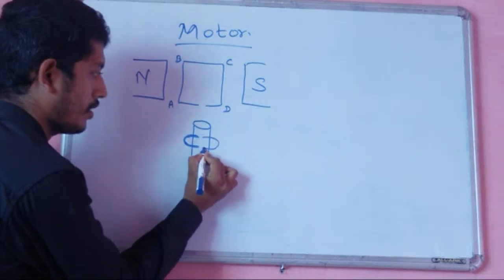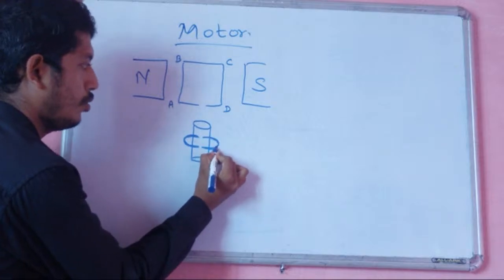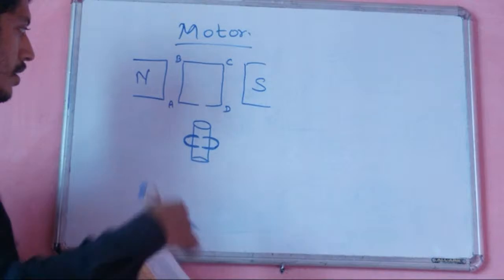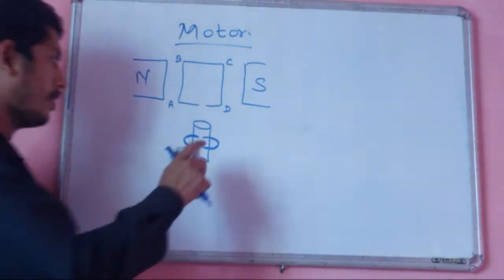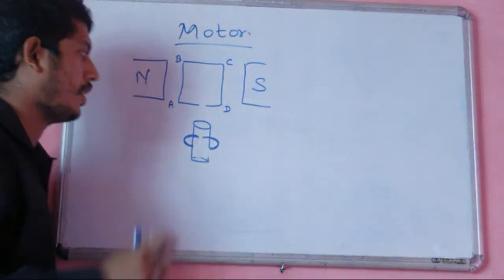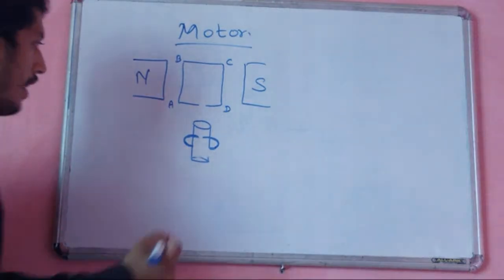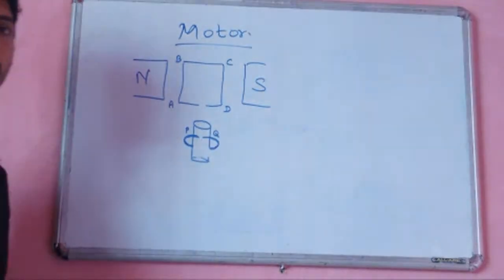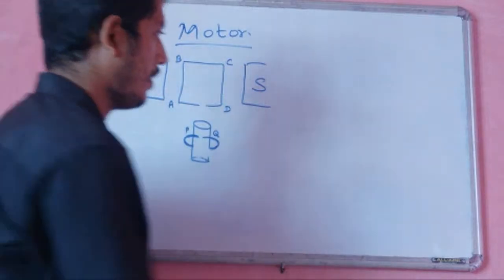Similarly on this side, these are the two split rings present around the axle, and I will give the names P and Q. P and Q are the names given for the split rings.